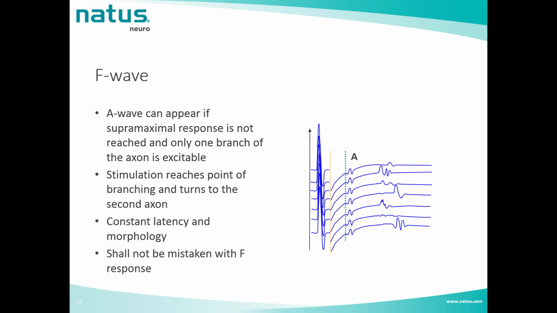This is why we always have a constant latency and a constant morphology in this response. Again, this is not an F response. We usually don't see this in healthy patients. So if you see this kind of response, either it can be pathological, or you may not have reached the supramaximal level and you need to increase the stimulation intensity a little bit.